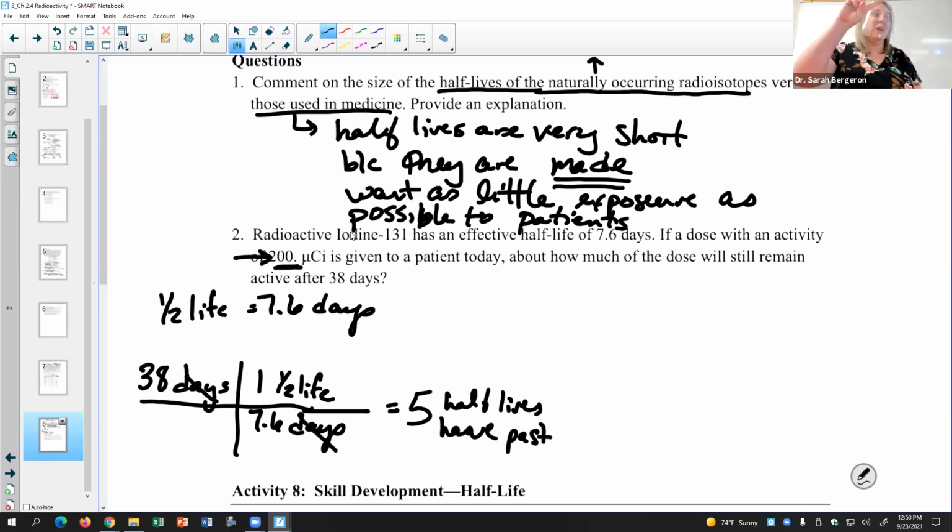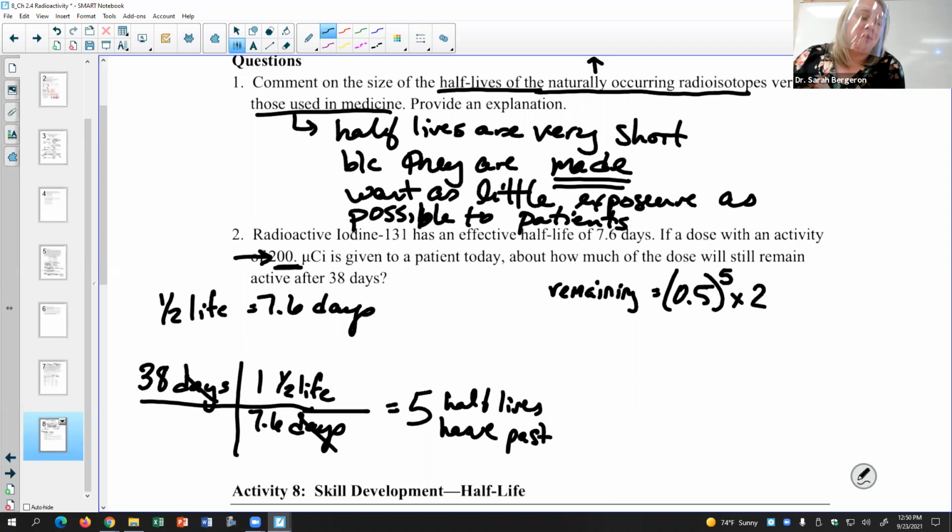So what do I want to do? I know you can solve this 2 ways, right? The formula way and the long way. So let's do the formula way. So what's our formula? The remaining amount, or however you want to say that, is equal to 0.5 raised to the n, and n is the number of half-lives that have passed, and that is 5, times the amount of starting material, which was 200 microcuries.